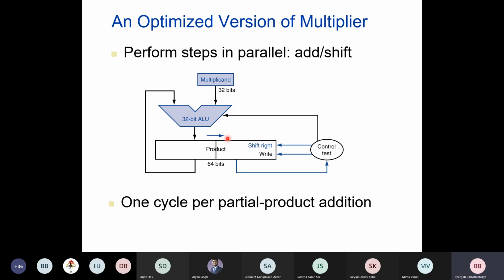And initially, to start with, the rightmost 32 bits are used for storing the multiplier, and the leftmost 32 bits are set to 0.